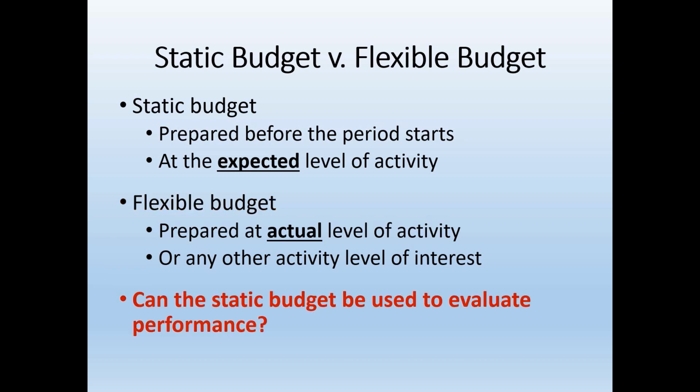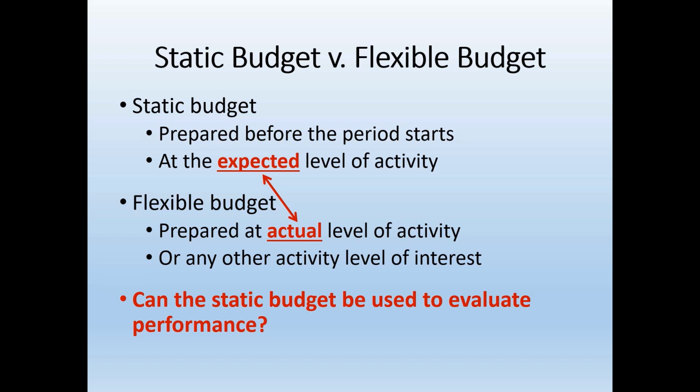So can the static budget be used to evaluate performance? And the answer is right there. If it happens that the static budget is prepared at exactly the level that occurred during the period, then the static budget is the flexible budget at the actual level of activity.